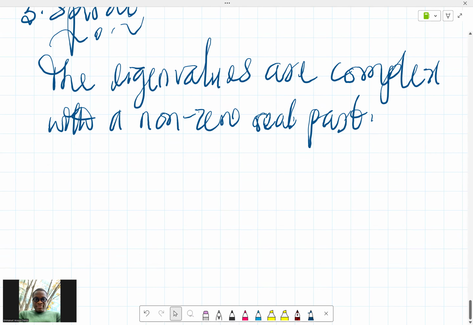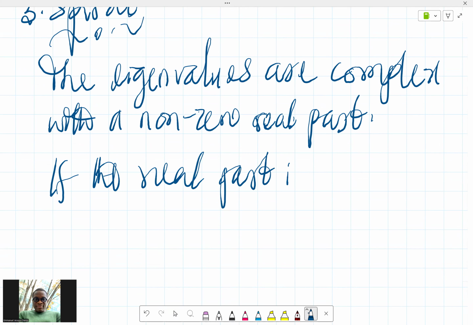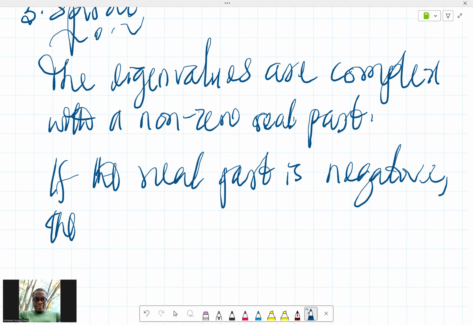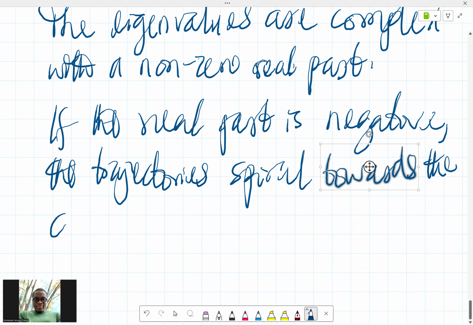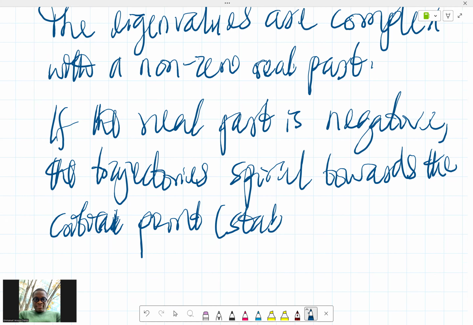So if the real part is negative, the trajectories spiral towards the critical point, and that is called the stable spiral.